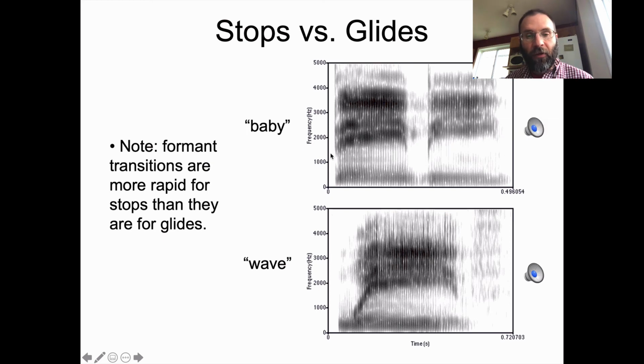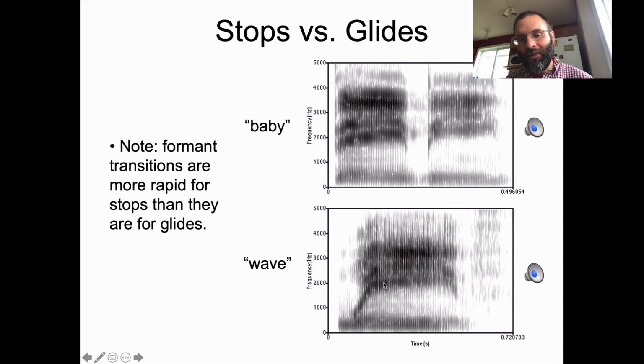But this goes by really quickly, going from a B into that articulation. And in fact, the extent of the formant transition is not nearly as large as it is for the glide articulation. There's just a little bit of formant movement up here. But it's in the same direction, and it goes by more quickly than it does for the labial-velar glide at the beginning of wave.